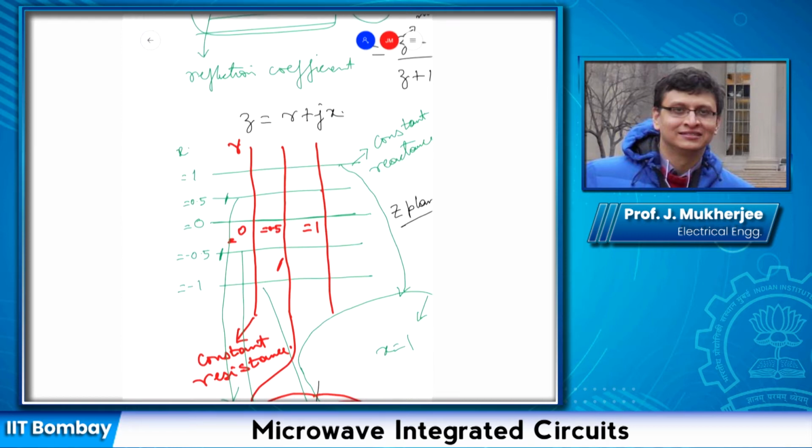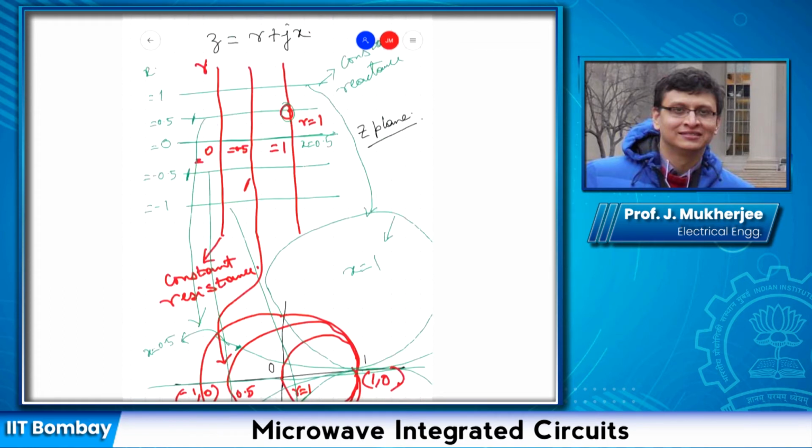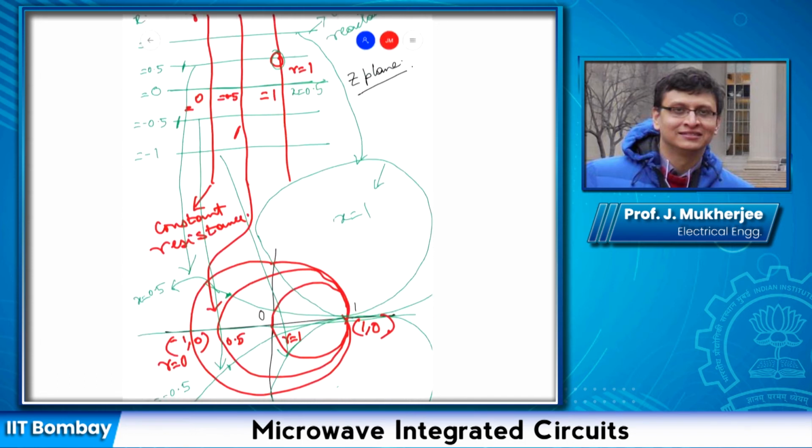Here the resistance R equal to 1 and X equal to 0.5, right? This is that point on the Z plane. What is the corresponding point on the Smith chart? So first we locate the R equal to 1 circle. So this is the one, this one.